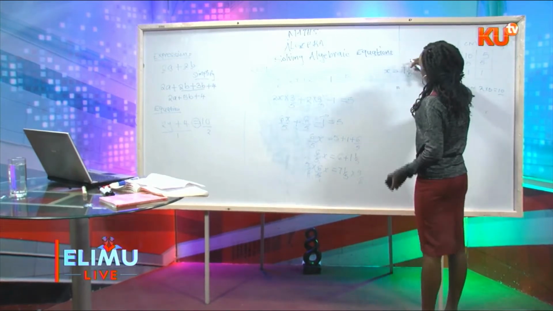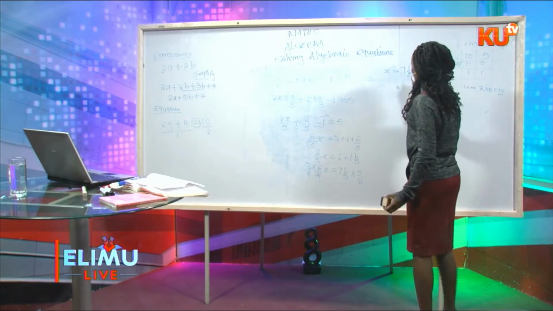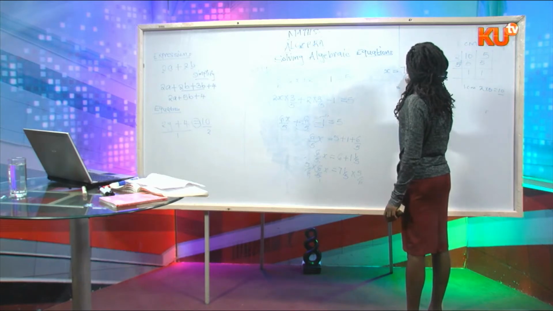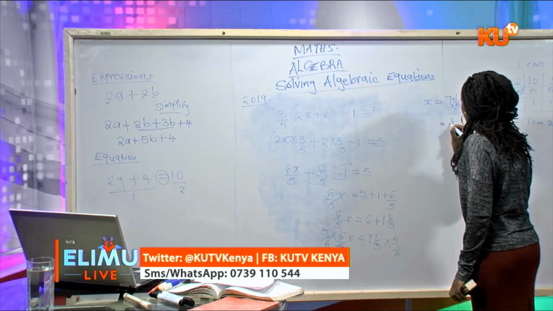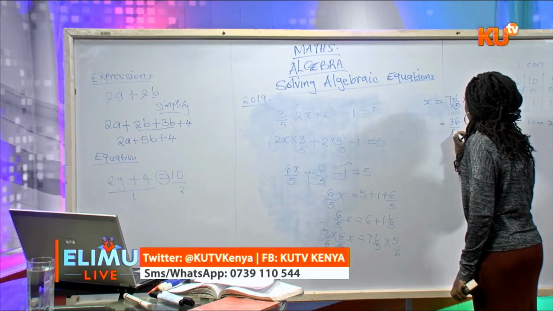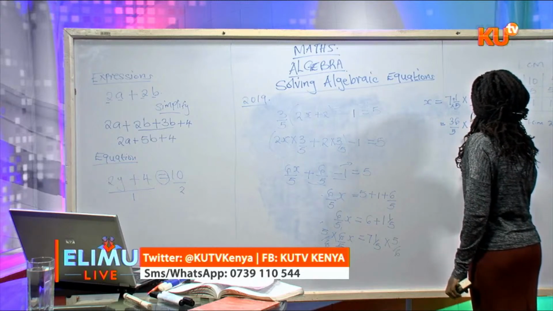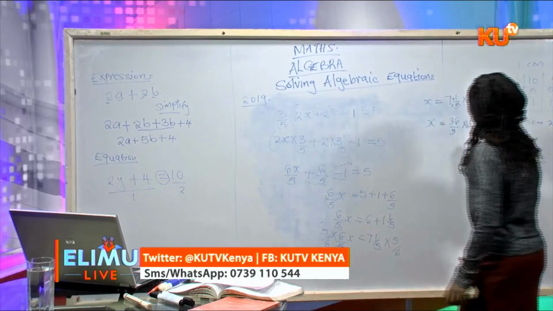So this 7 and a fifth, we change it to an improper fraction. So 7 times 5 plus 1. 7 times 5 is 35 plus 1, we get 36 over 5 times 5 over 6. So from there now we try to simplify.